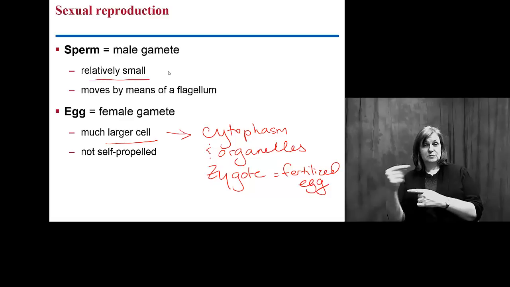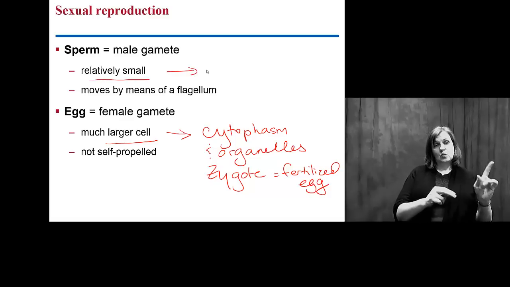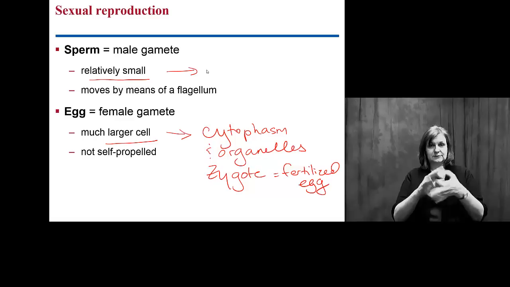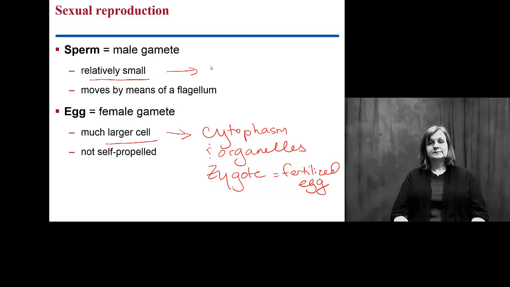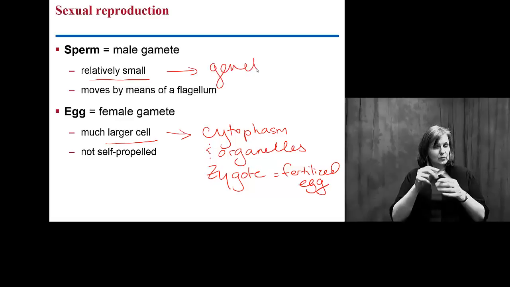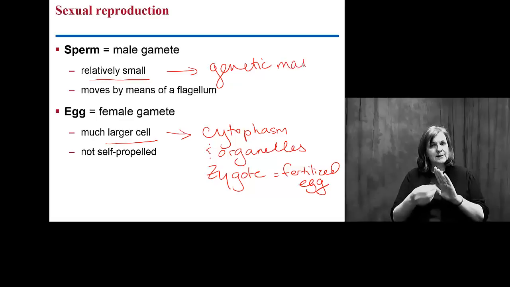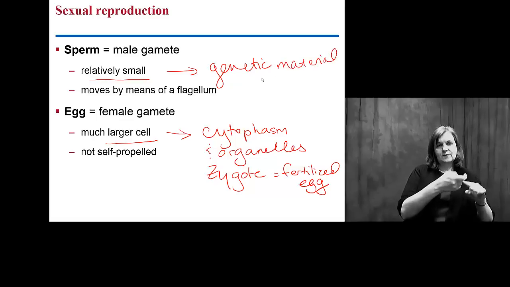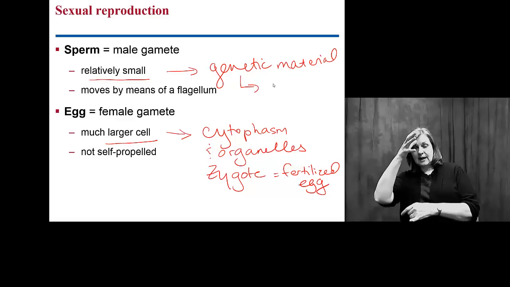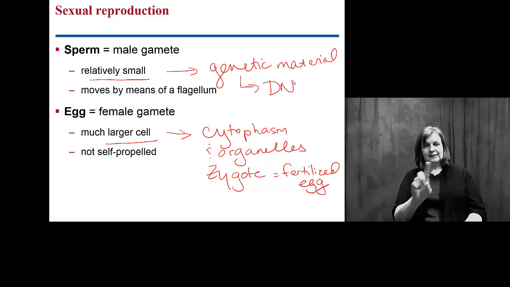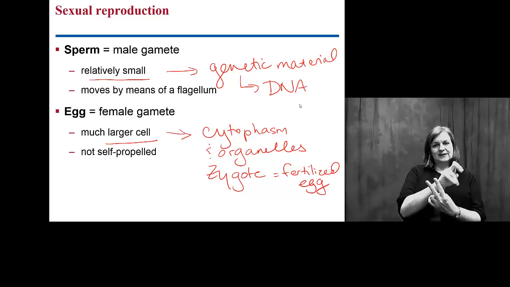The sperm we have labeled here as being relatively small. This is not to be offensive to the males in any way. It's just that the sperm is contributing genetic material and little else. Now, that genetic material is very important because it's an entire copy of DNA that's going to contribute to that 2N we just previously discussed.